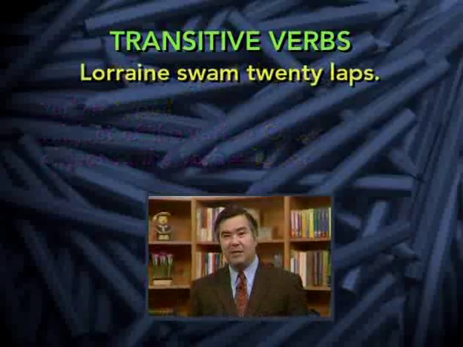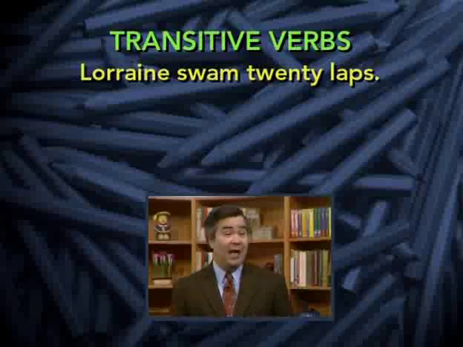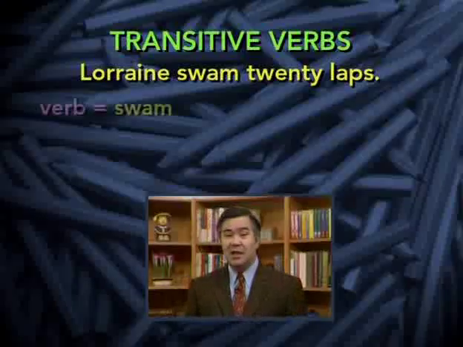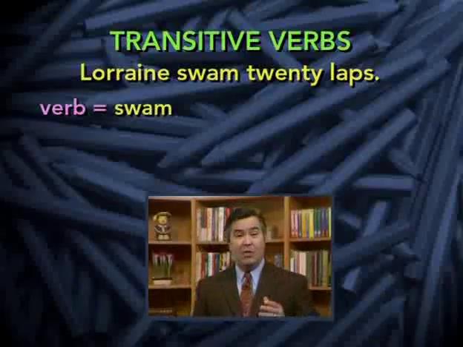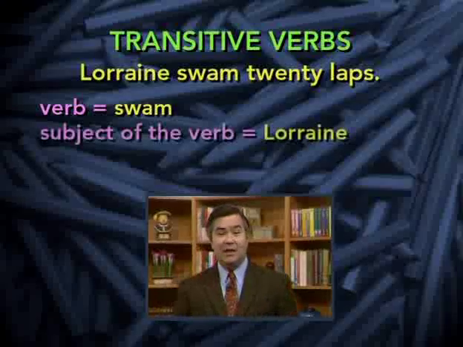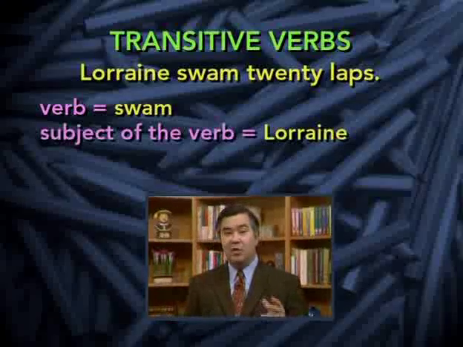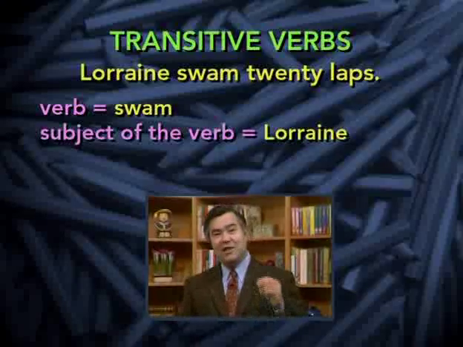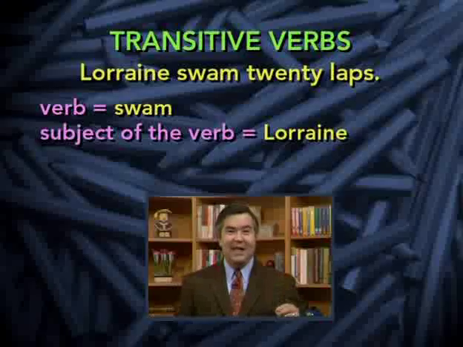Here's another example. Lorraine swam 20 laps. What's the verb in this sentence? The verb is swam. What's the subject of the verb swam? That is, who or what did the swimming? The answer, Lorraine. Lorraine swam. Now, what did Lorraine swim? That is, what receives the action of the verb swam in this sentence?